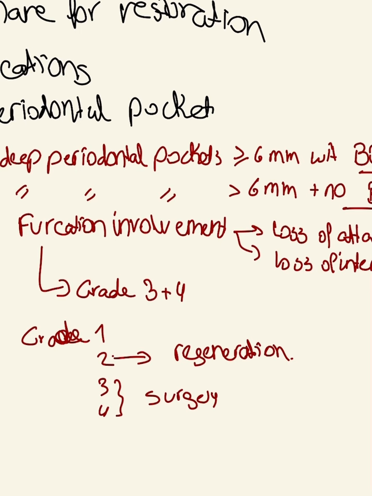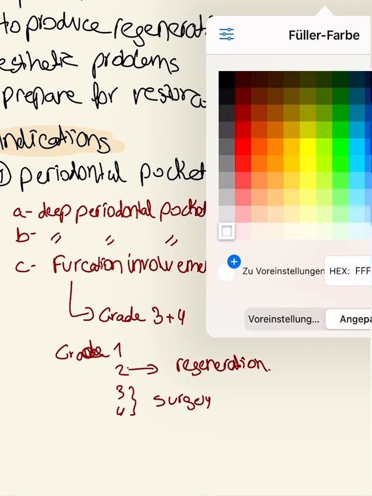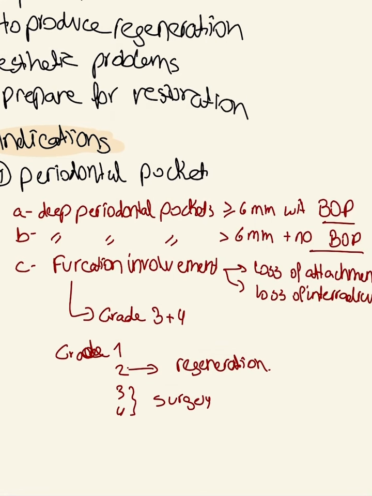So just to revise or to add several points, the indications of periodontal surgery: at first, if we have a periodontal pocket and accessibility is a problem.